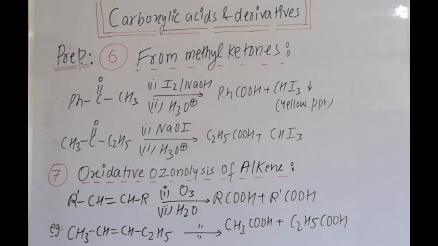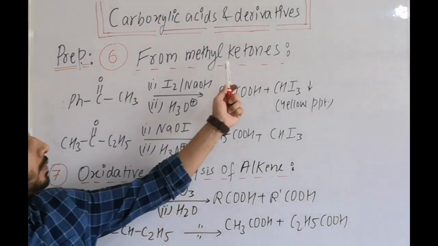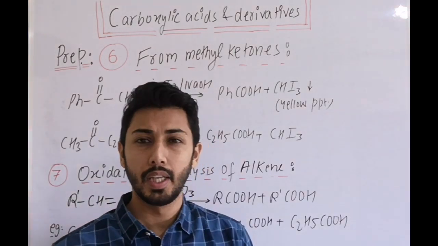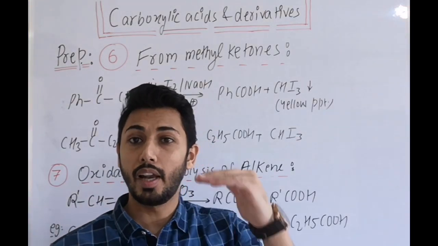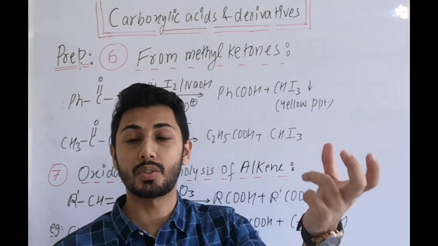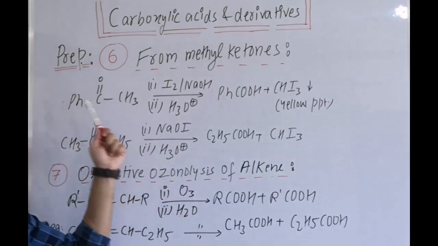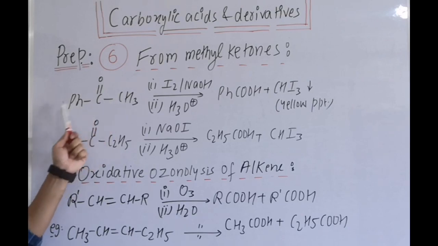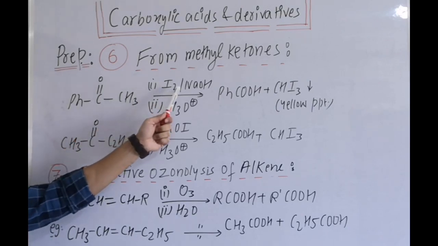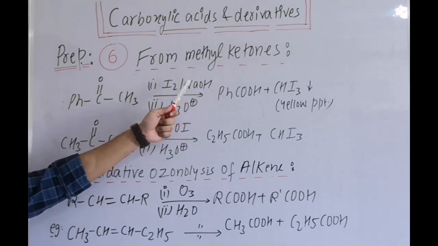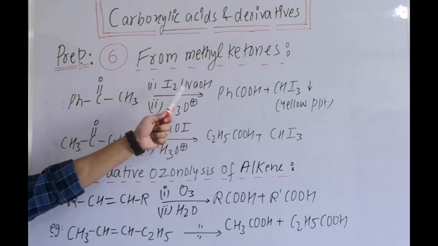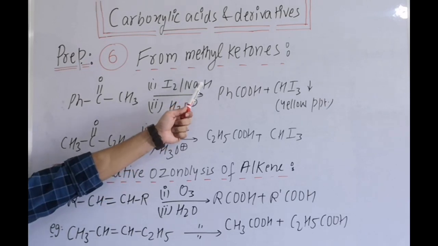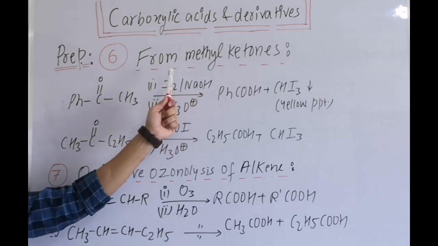Now the next reaction is from methyl ketones. We can also prepare carboxylic acid this way. If you remember, in the carbonyl compounds topic, this was the haloform reaction, and in it the iodoform test. We take an example, RCOCH3, or here acetophenone. The first step is I2/NaOH. We can also take Cl2/NaOH or Br2; most commonly we take X2/NaOH. Here I am taking I2 with NaOH. This first reaction is the iodoform reaction.